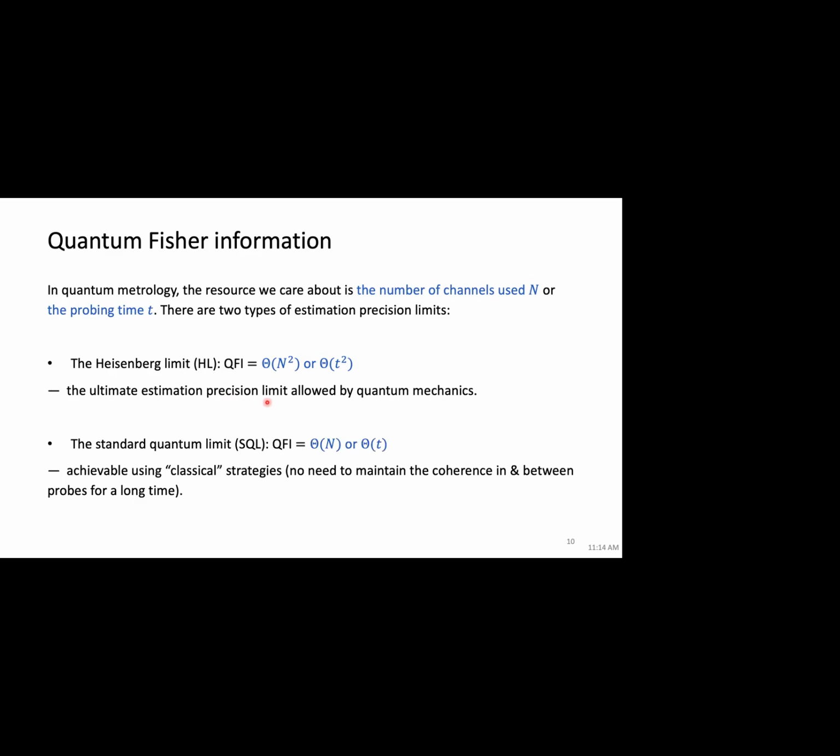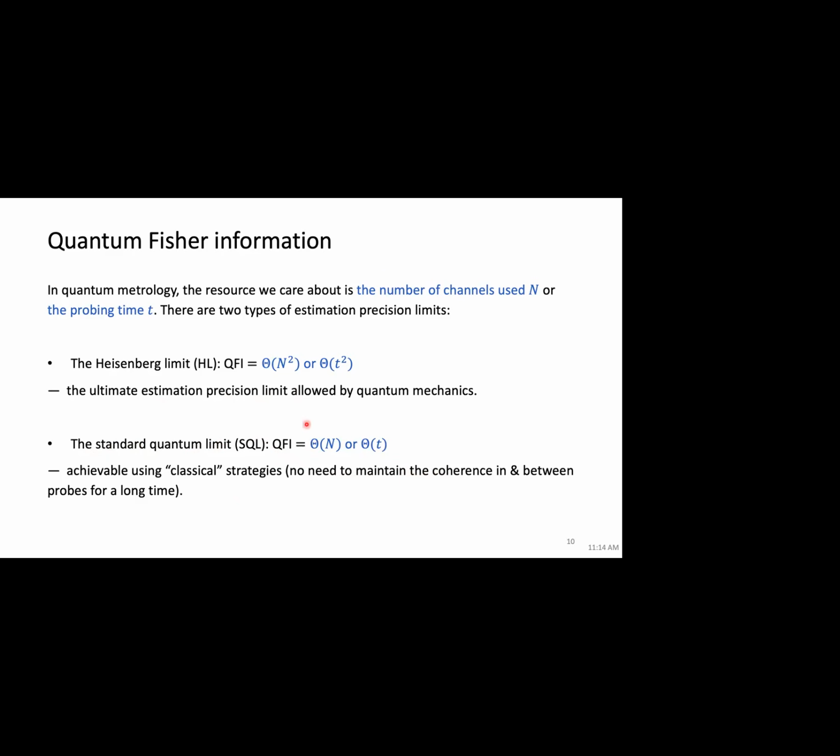The second is the standard quantum limit, describing the situation where QFI is proportional to n or to t. It is somehow like the classical limit because we don't need to maintain the coherence for a sufficiently long time, or build an entangled state, to get to this limit. So those are the two limits.